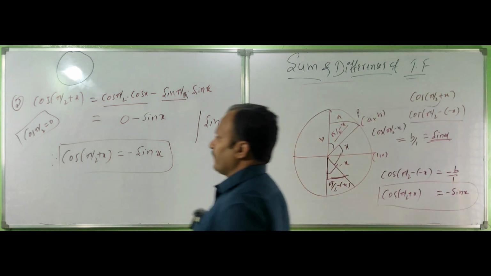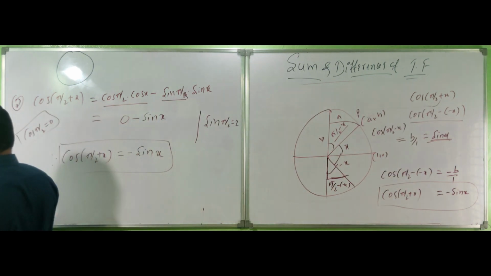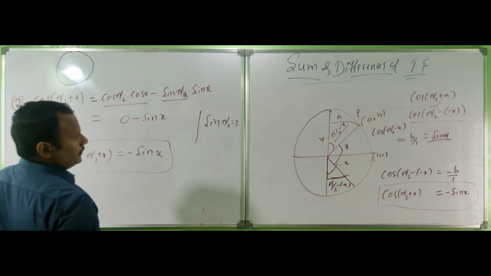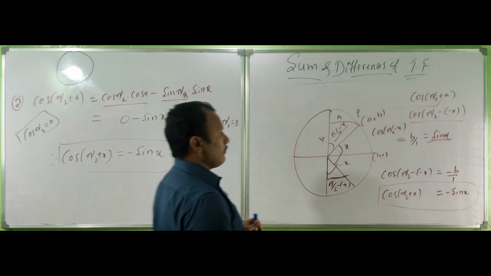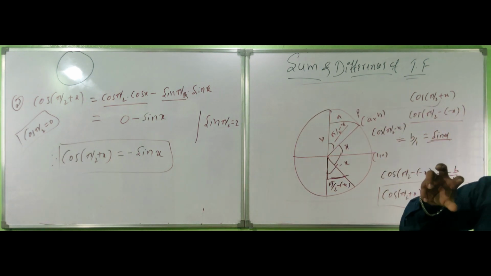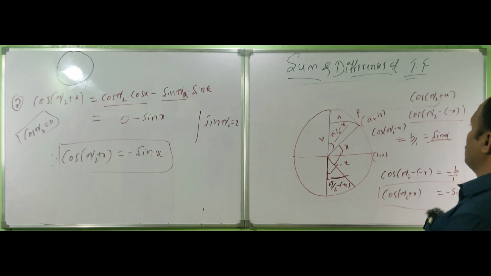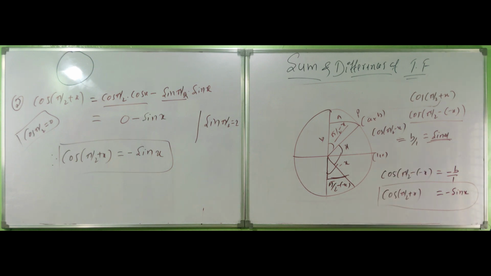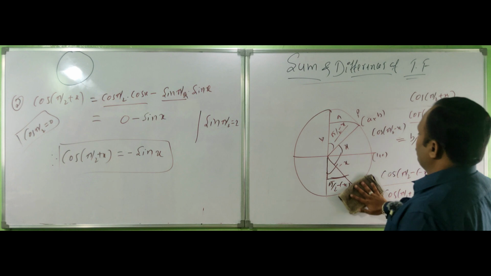Again, it is derived from the formula. They are given like that only. This is the diagram only for understanding. From here you can also derive the equations for pi by 2 plus or minus something else, whatever it may be. From that formula also you can use.